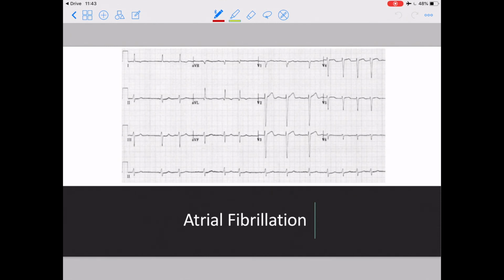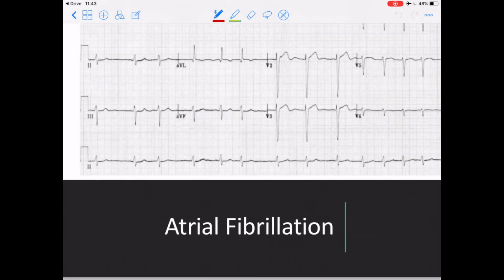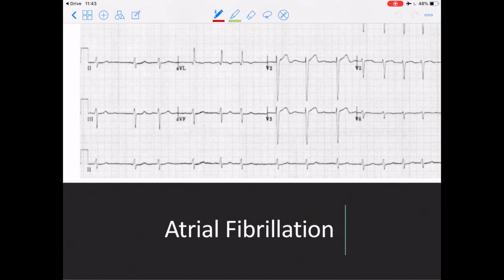So here's an example of atrial fibrillation. If we zoom in here, you can see that there is sort of an irregular ventricular response. So these QRS complexes are a bit wider, as you can see here. But we also don't see any P waves here as well.